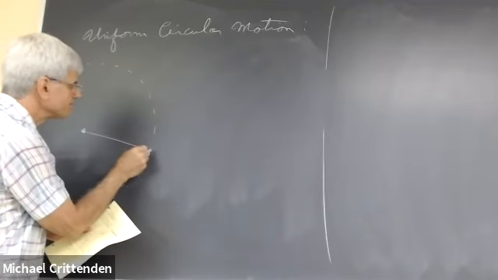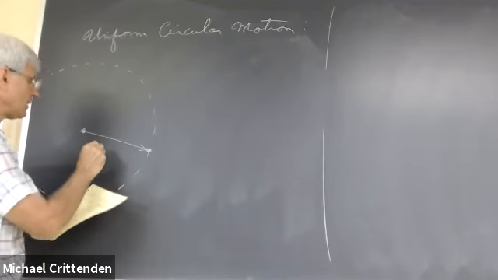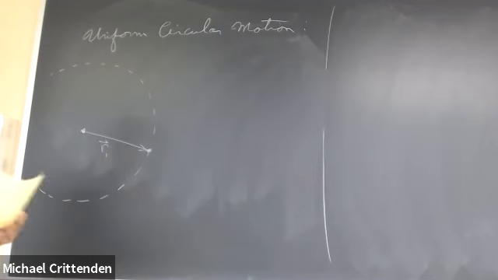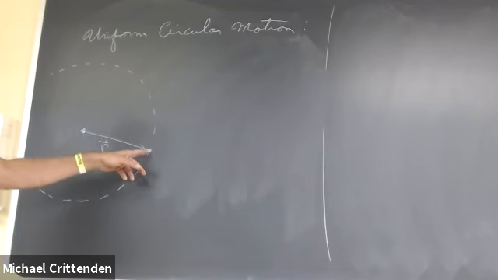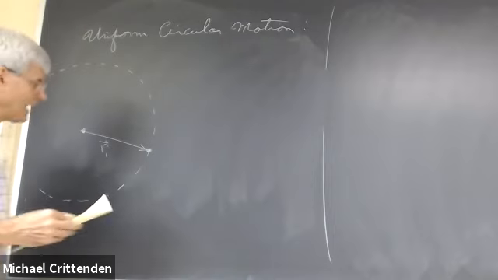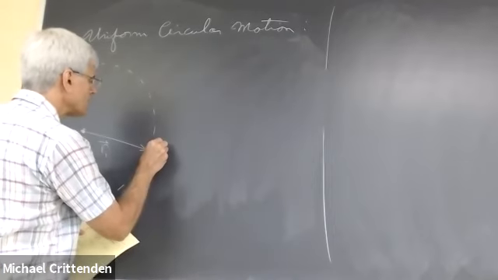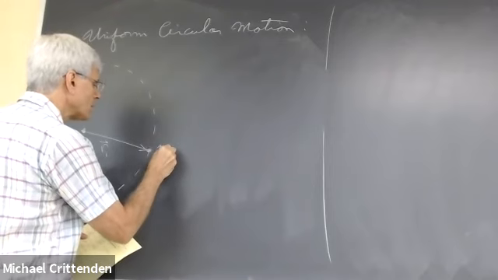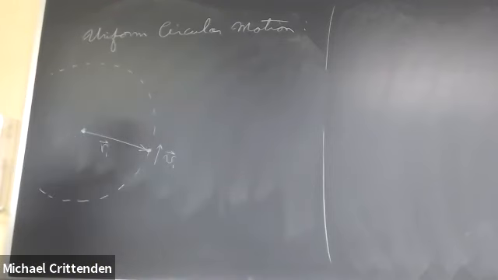So R for radius. This original radius vector, R1, that's your initial position. And at that time, your car has a velocity v1.